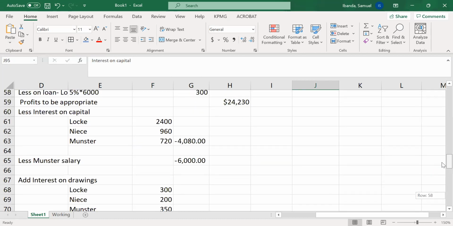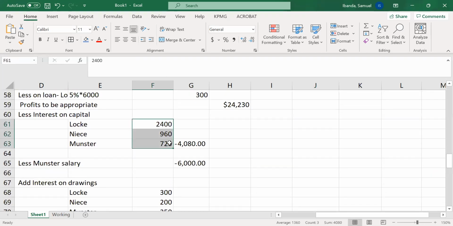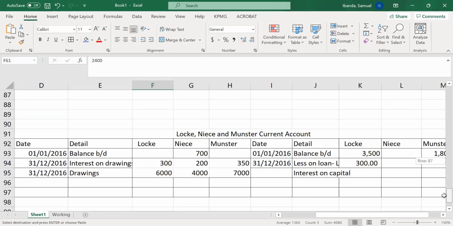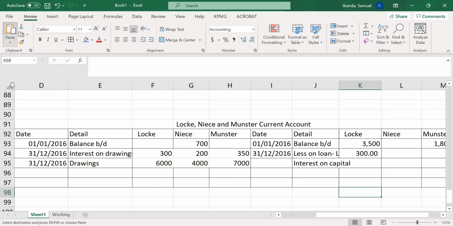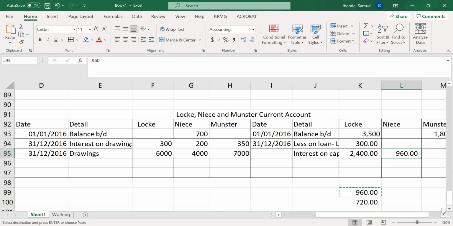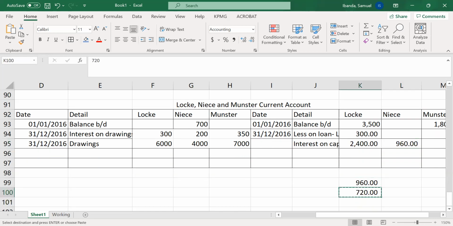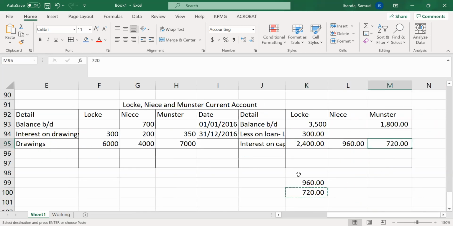As we list it here to adjust our profits, when it comes to the current account, it is credited because the partners are benefiting. So I'll first record it here. So we'll have something like that, okay? That is one thing that goes.